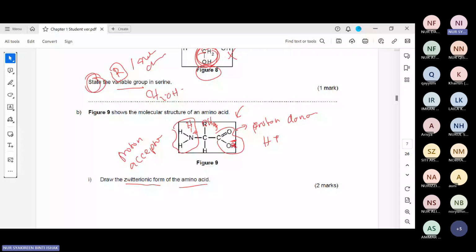Okay, so you must use the information given in the diagram. So in this case, draw lah balik. Jangan draw dekat sini tau. Draw balik.